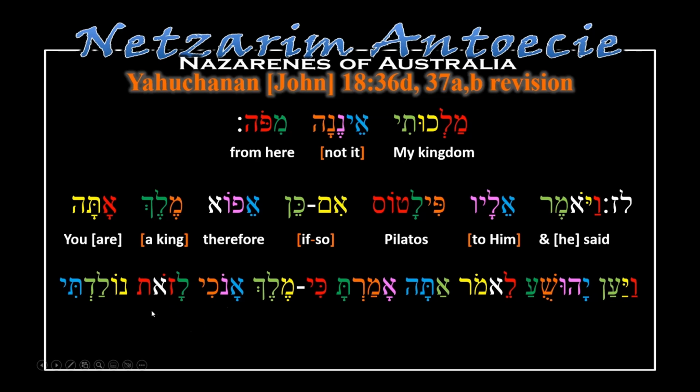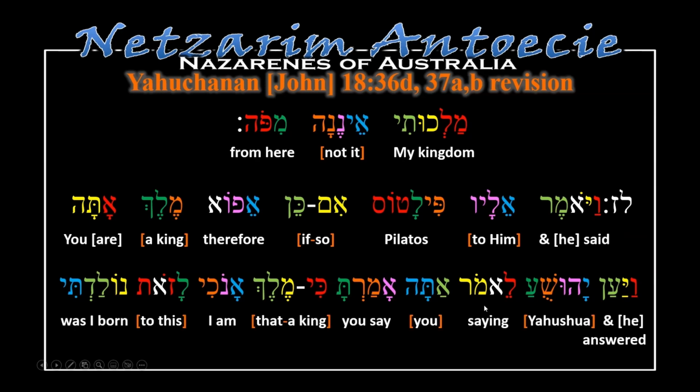Lazot, for this, noladeti, I was born. And omar is more to say, I guess. Yeah. And he answered Yeshua, saying, you say, because omar is to say, that a king I am, to this was I born.